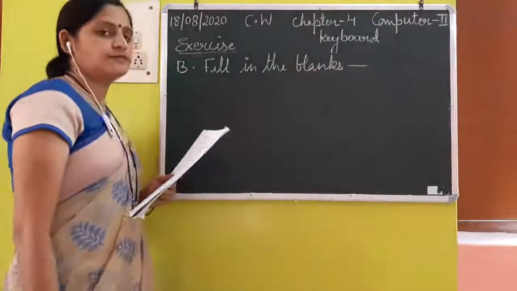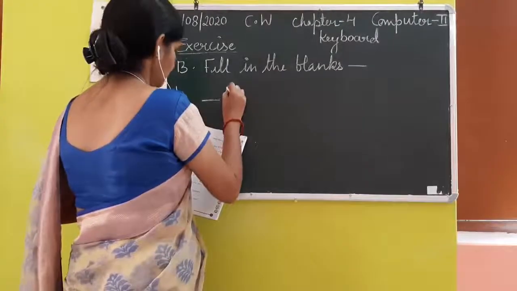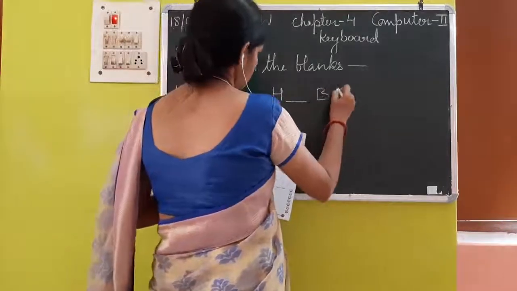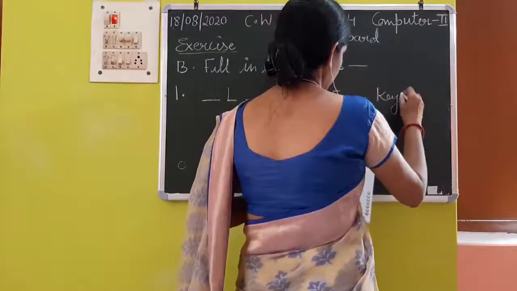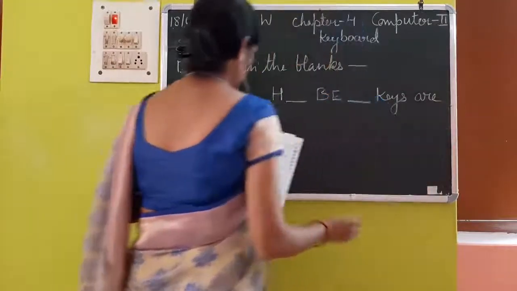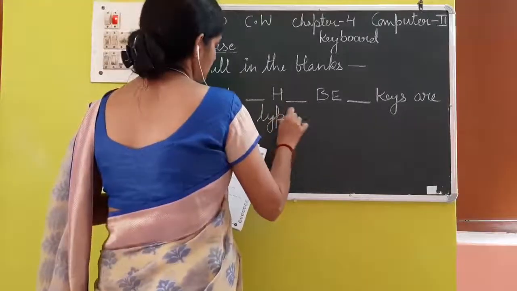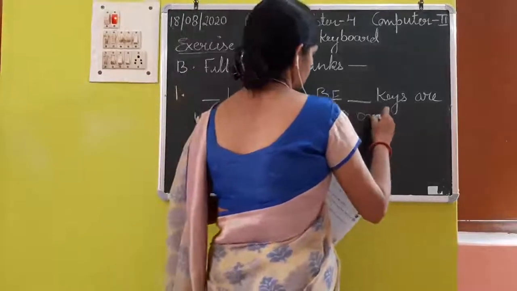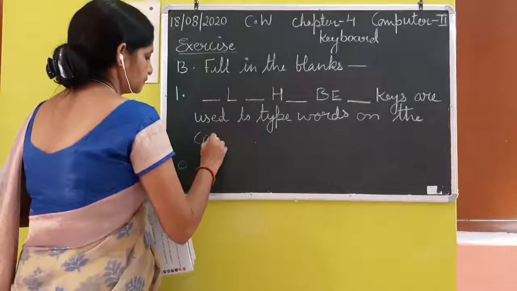So children, in fill in the blanks we have 1, dash L dash H dash B E dash K E Y E computer.